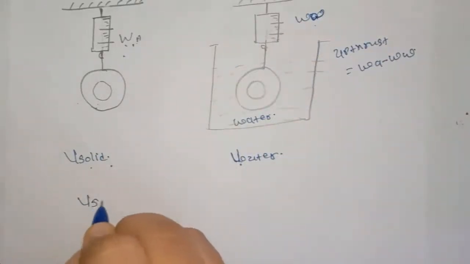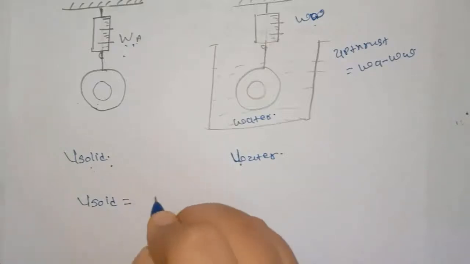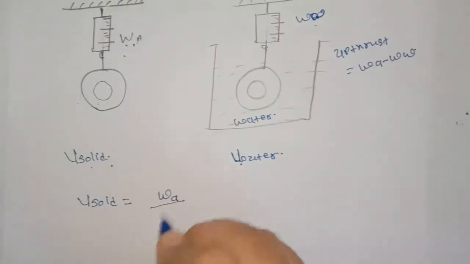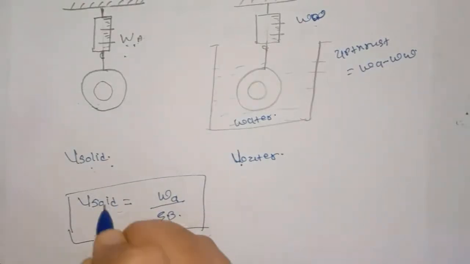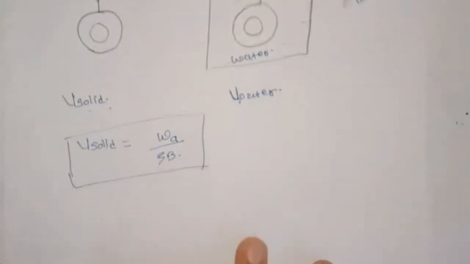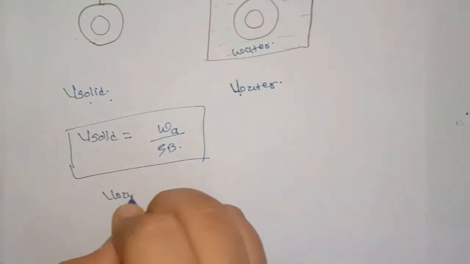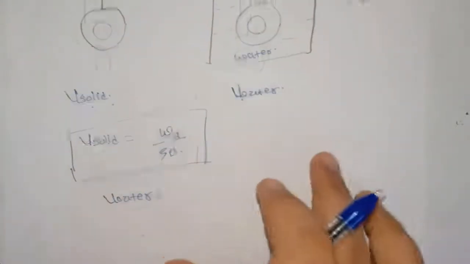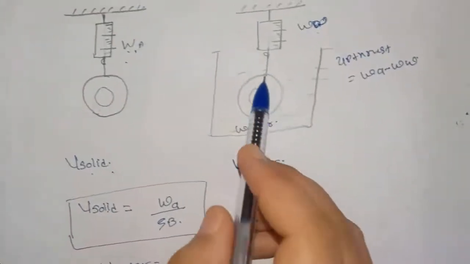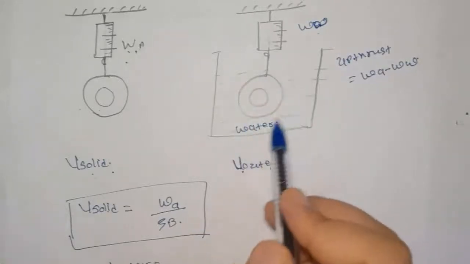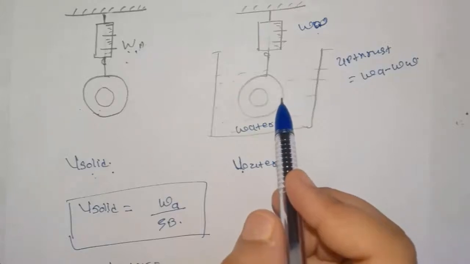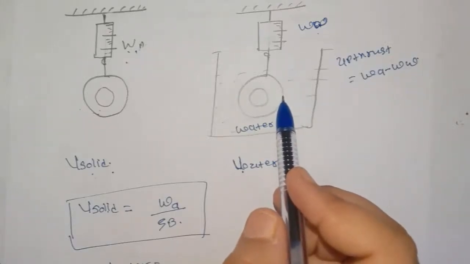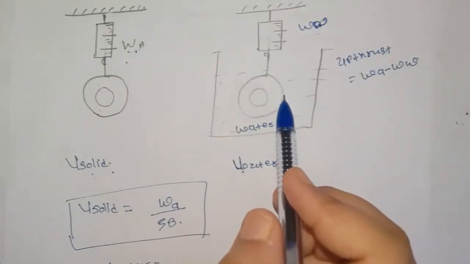So V solid will be weight in air divided by density of body. Now V outer will be the volume displaced by the body, which is equal to the volume of its outer surface and not the volume of the solid portion.